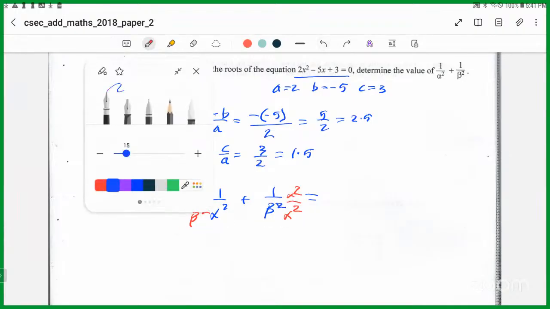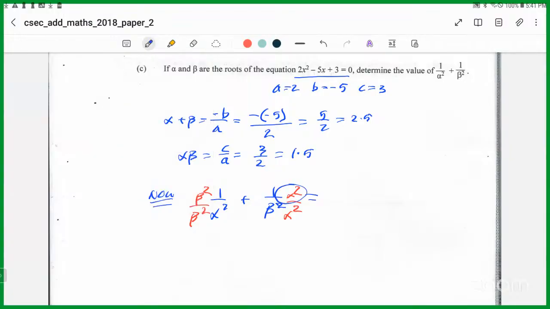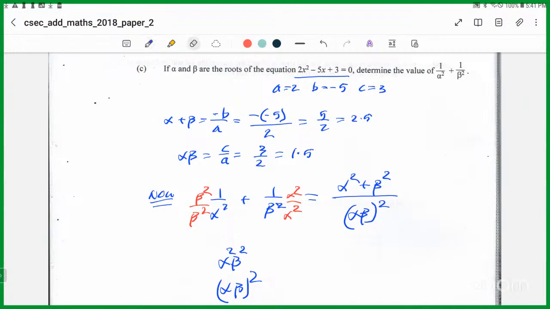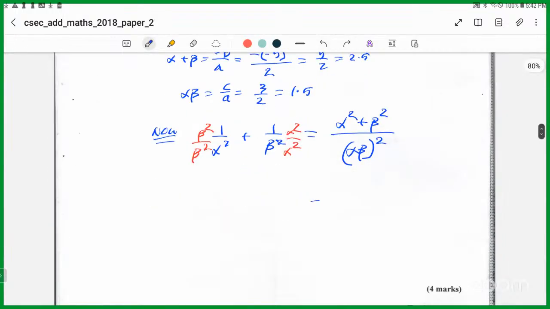So the numerator becomes alpha squared plus beta squared, over the denominator alpha squared beta squared, which is the same as alpha beta all squared. And this alpha squared plus beta squared up here is actually equal to alpha plus beta all squared minus 2 alpha beta. You divide that by alpha beta all squared.